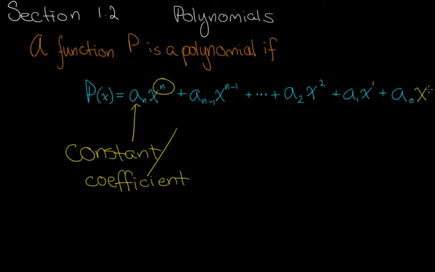There's technically an x to the 0 here, but that's 1. So if there's a constant here, it's just 1 times the constant. That's why they usually leave out x to the 0, just to make things a little easier to read.